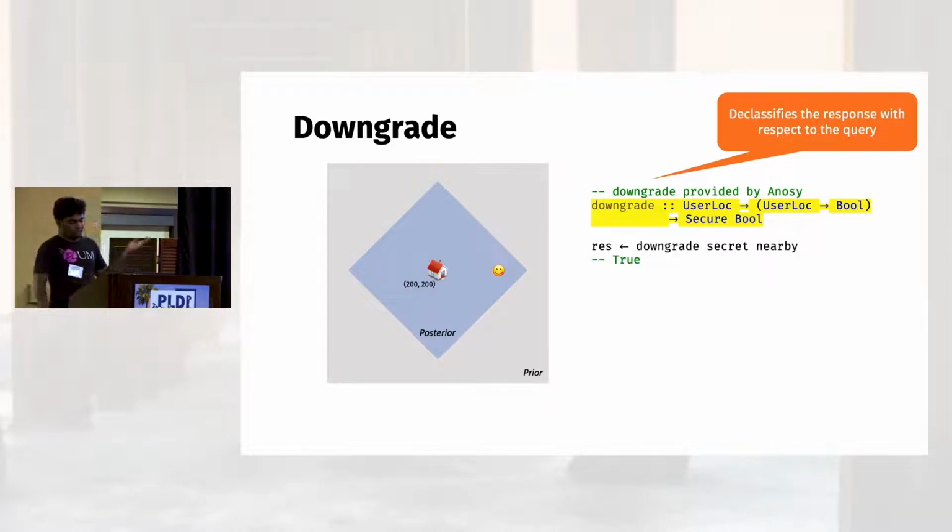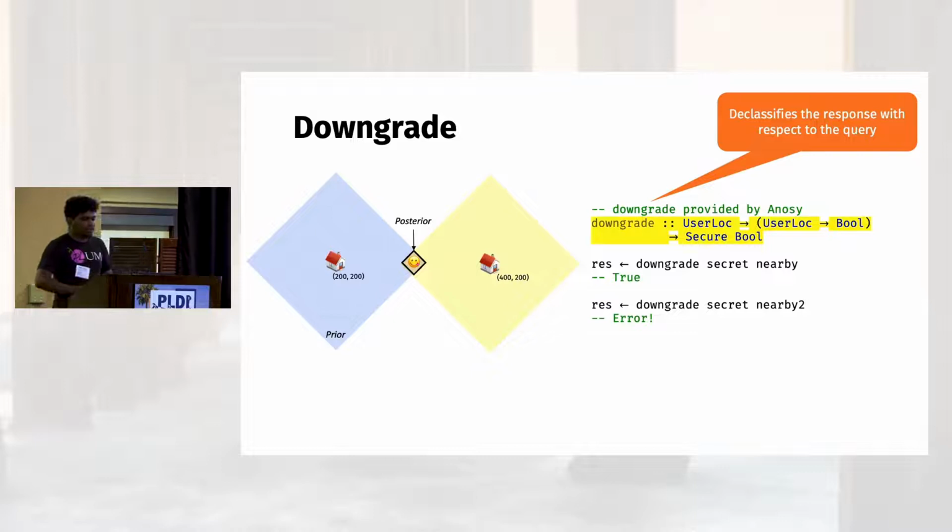So in the first case that I showed before, the first query is declassified correctly, so you get true. The second query, you get down to a very narrow location, and that's not allowed by the policy, so you get an error, right?